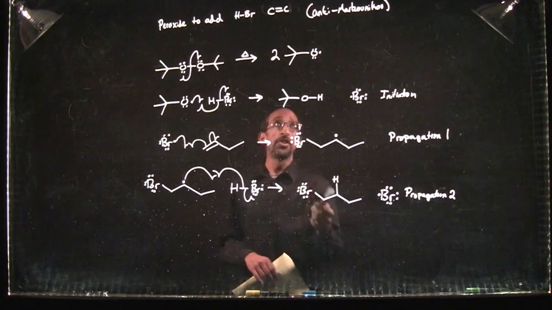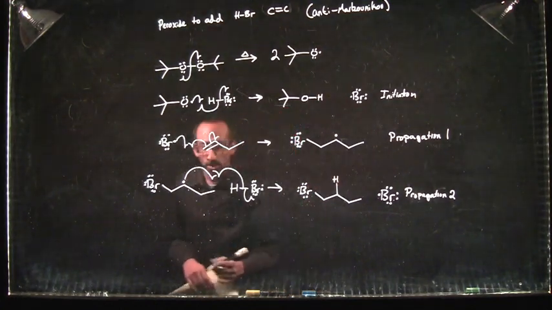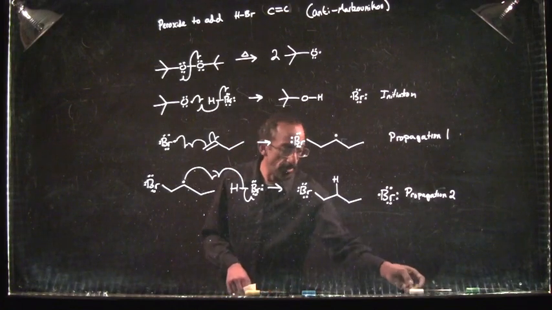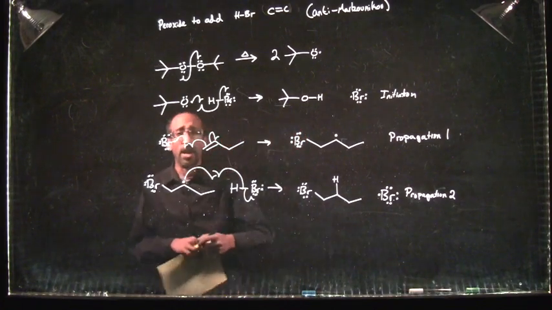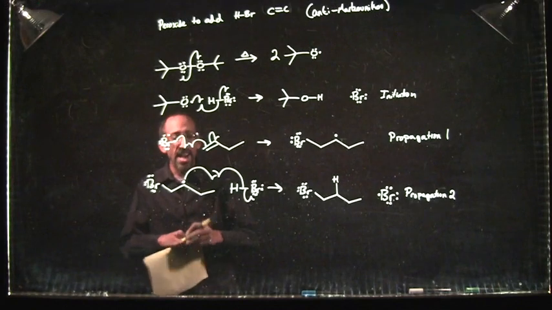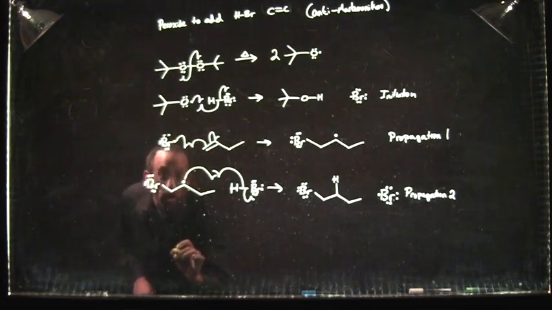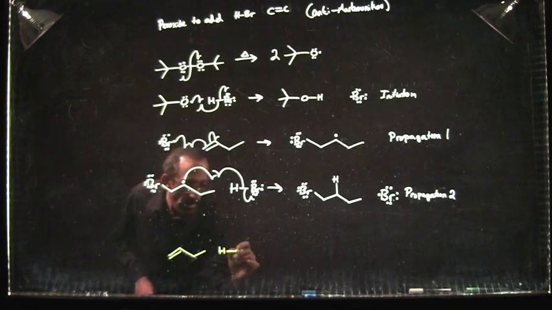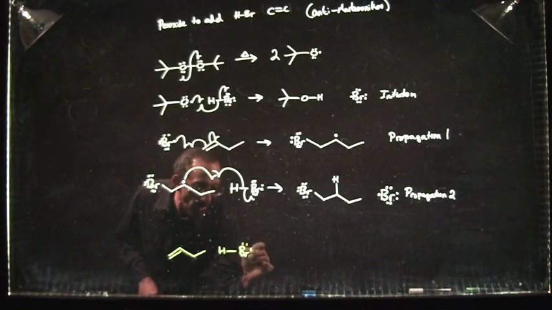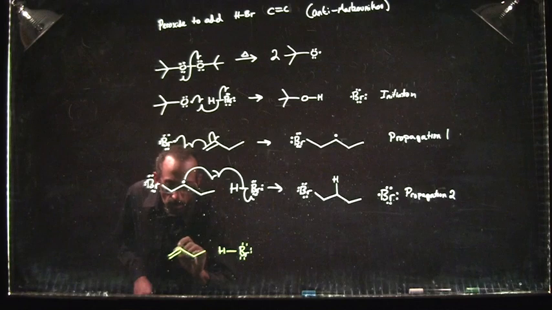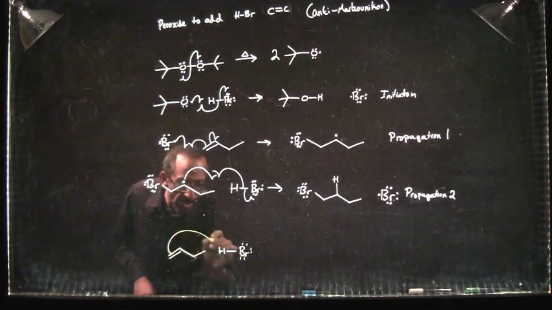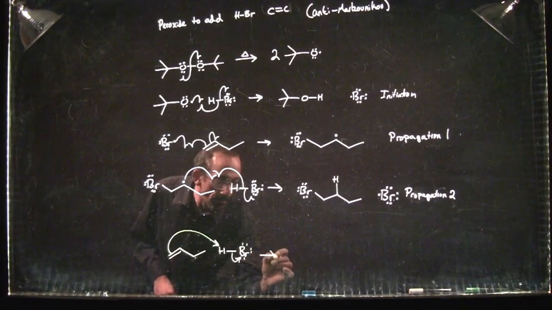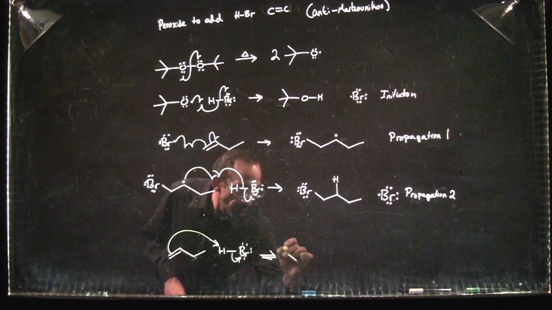Now, just to show you what I mean by anti-Markovnikov orientation, if you recall from when we first started electrophilic addition a number of topics ago, when we added HBr across a carbon-carbon double bond, in the absence of any radical species, what happened was that we added our hydrogen atom such that the more stable carbocation was formed.